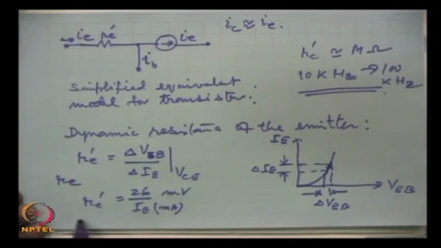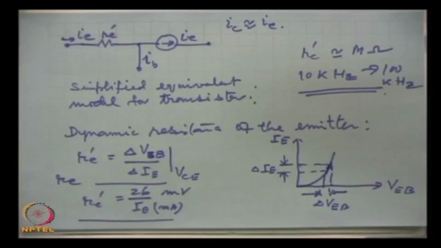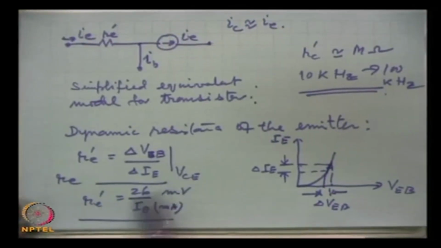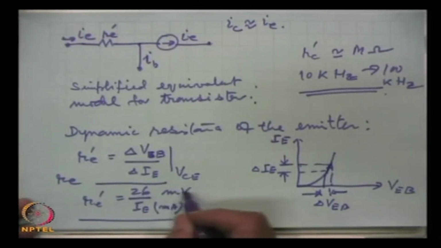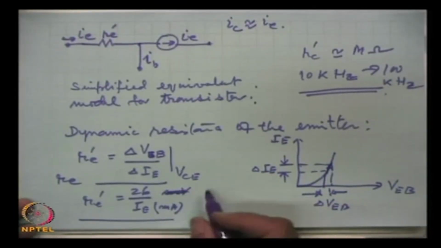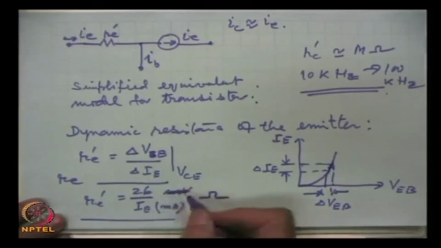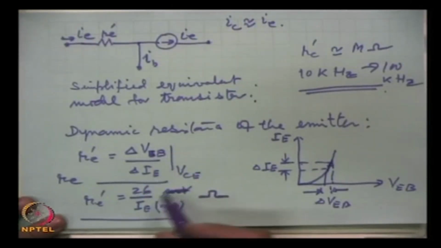So, this is the most widely used expression for finding the dynamic emitter resistance: 26 divided by I E. I am sorry, this is also in millivolts.